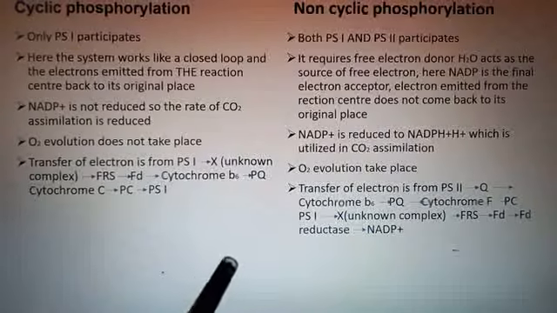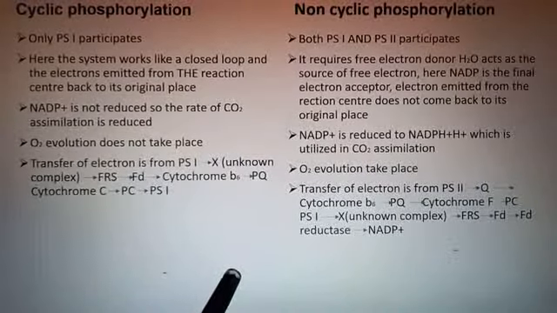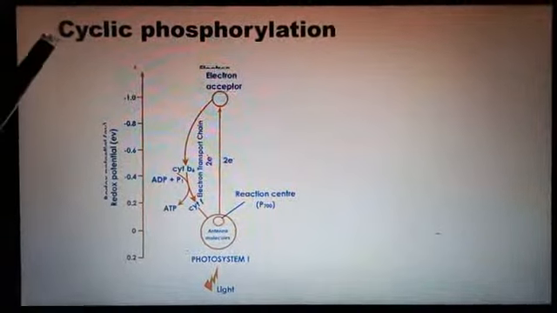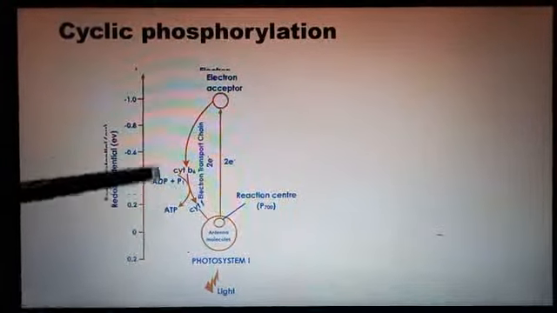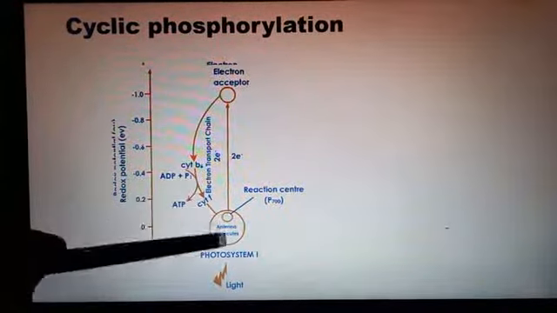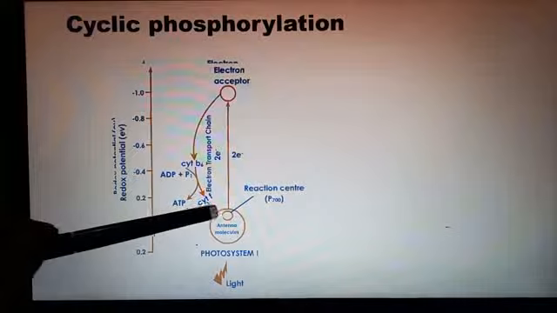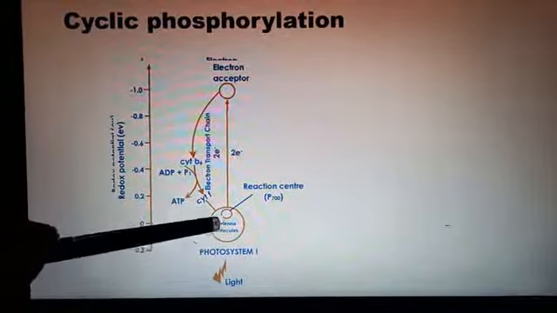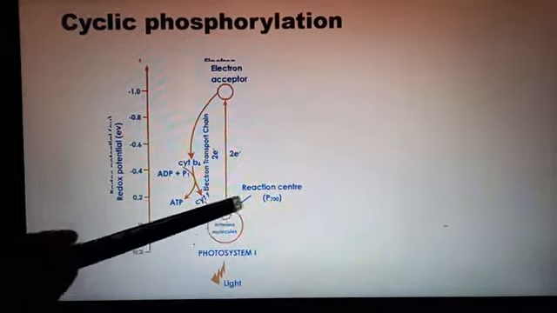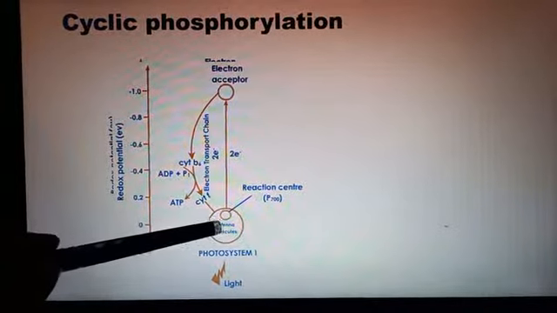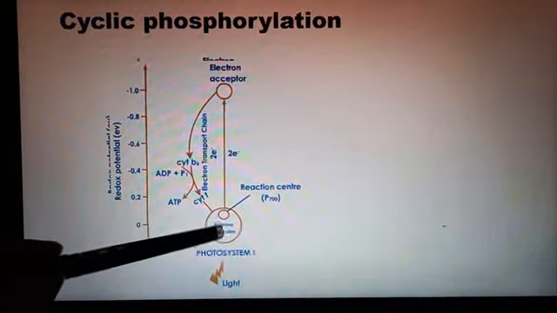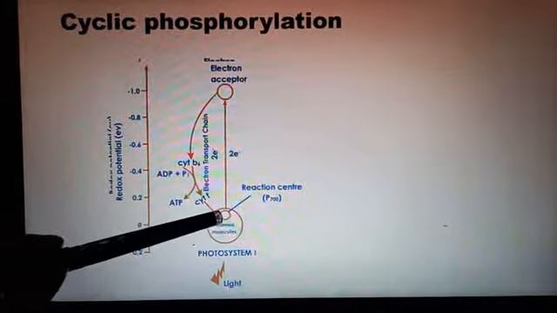The next figure shows how ATP is formed during cyclic phosphorylation. This is photosystem 1, where the antenna molecules or pigments are present, and this is the reaction center. The pigments present in the photosystem absorb light energy and migrate this energy to the reaction center.